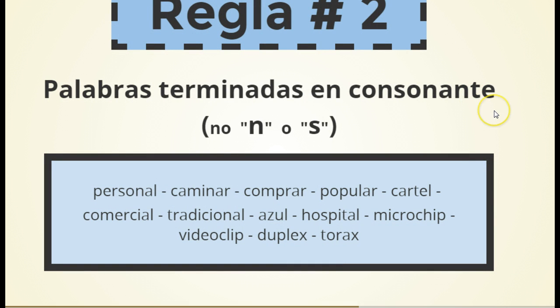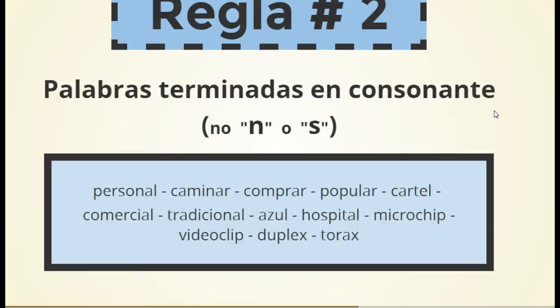The rule number two is any other ending, all the consonants not including N or S because those are in rule number one. So here are some examples of the rule number two. So you tell me, where does this natural stress go? And think when you say it.